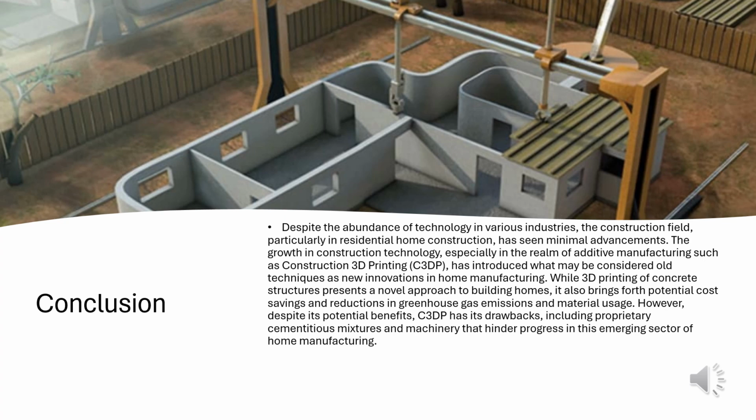While 3D printing of concrete structures presents a novel approach to building homes, it also brings forth potential cost savings and reductions in greenhouse gas emissions and material usage. However, despite its potential benefits, C3DP has its drawbacks, including proprietary cementitious mixtures and machinery that hinder progress in the emerging sector of home manufacturing.